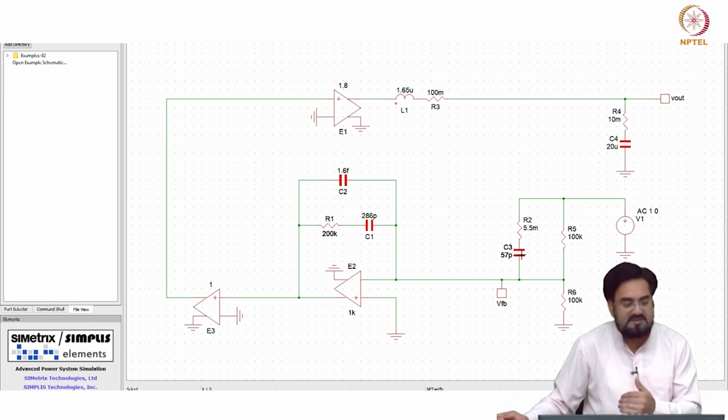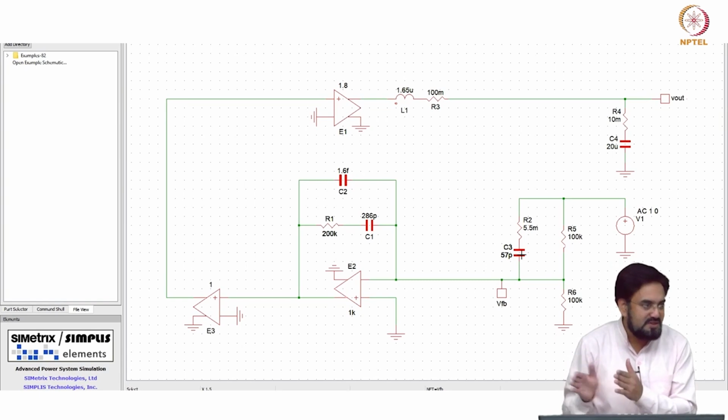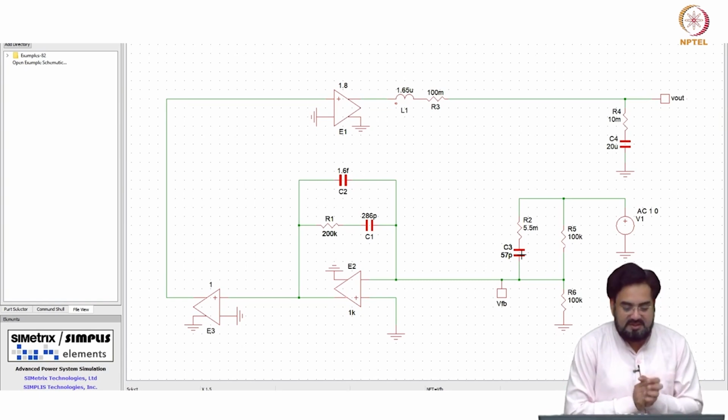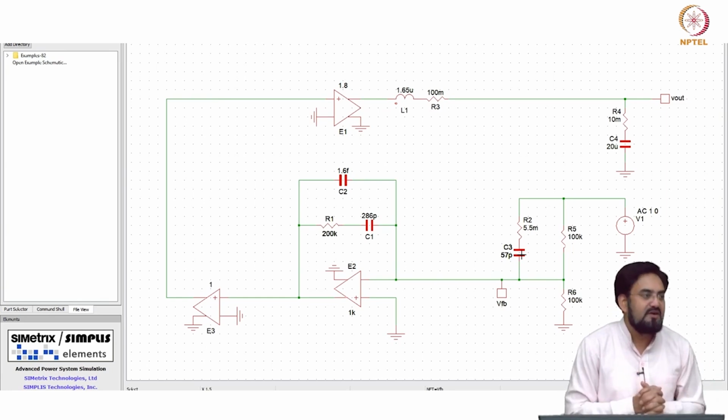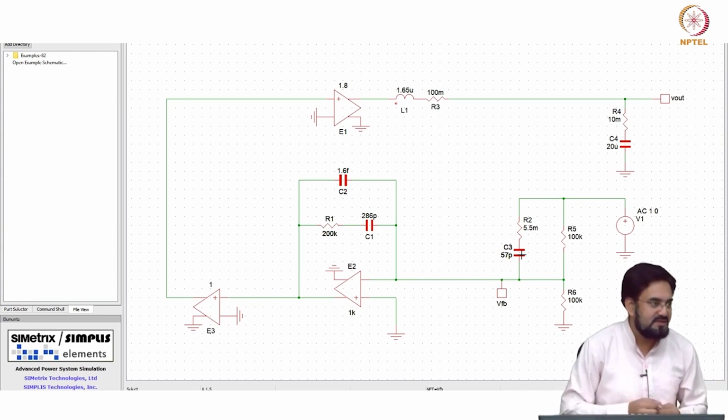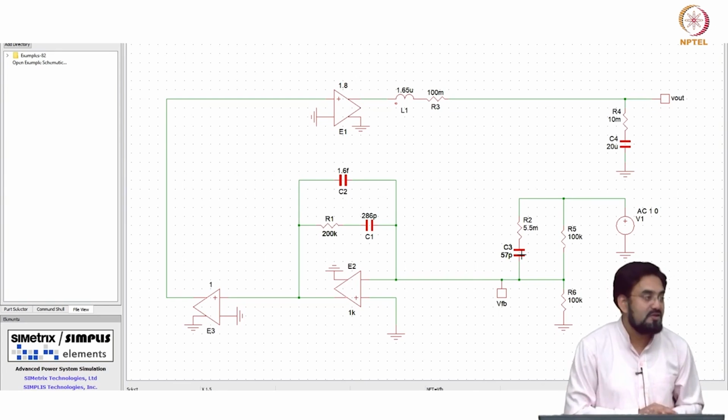So you can improve phase margin by moving these two zeros to lower frequency, but usually the first 0 we do not want to do that. The first 0 we have put at omega naught by 2. The second 0 you can put at omega naught by 2, but moving that lower may not help much. You may get maybe 2 or 3 degrees, but there is a drawback with that.